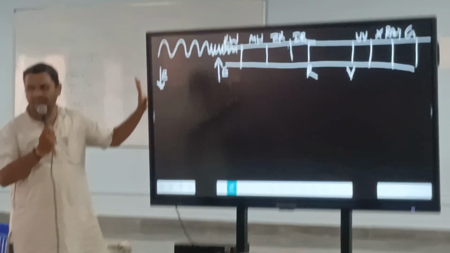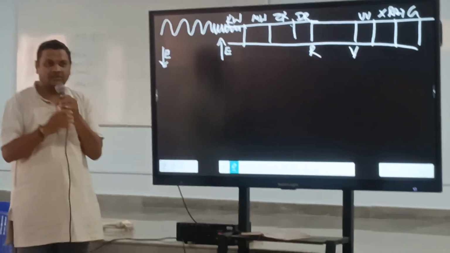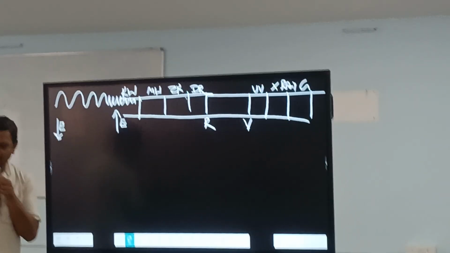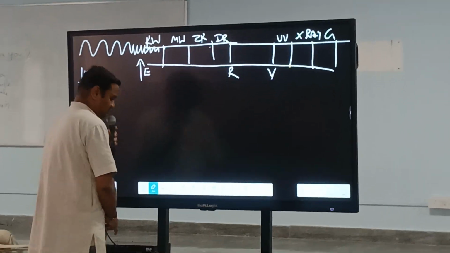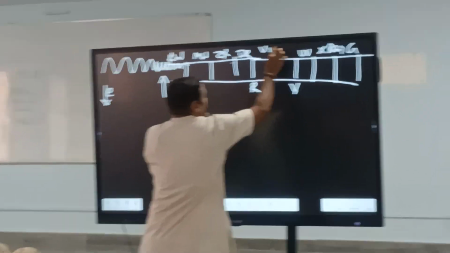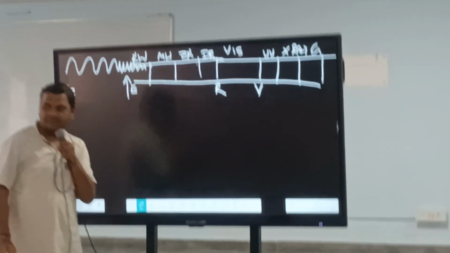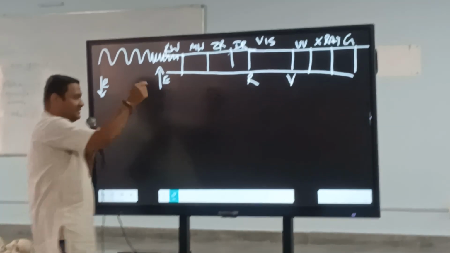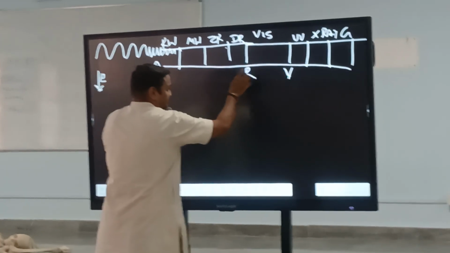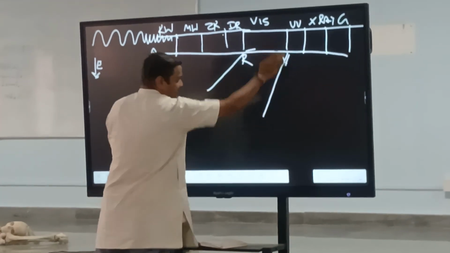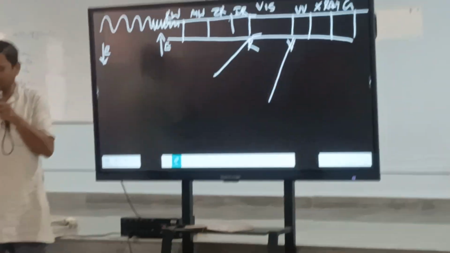This is an electromagnetic spectrum, but what we are seeing around is the visible light, this part. Now let us understand this section, only the visible light.